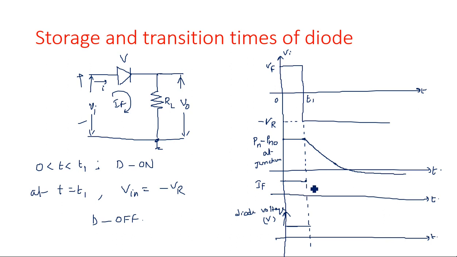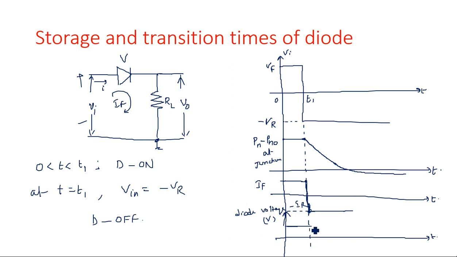Now what about the current? The current changes suddenly to the negative polarity, because the polarity is exchanged now. It is now minus IR, and it maintains this negative current up to some time, because the voltage across the diode maintains the minority charge storage.